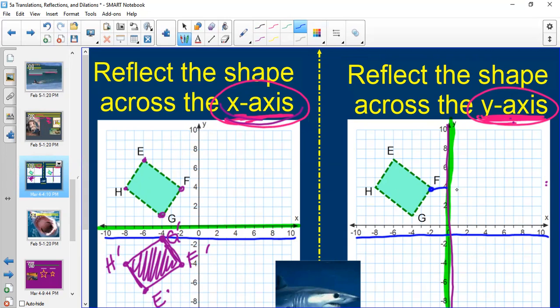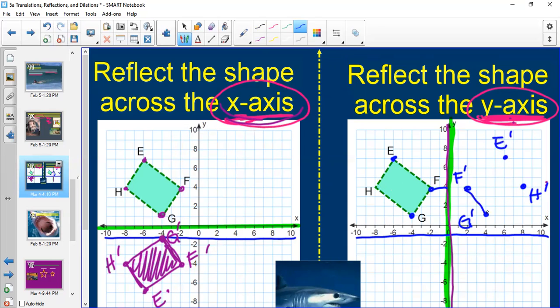So F is 2 left, I need to go 2 right to get F prime. G was 4 left, so I need to go 4 right to get G prime. H was 8 left, so I need to go 8 right. And E was 6 left, so I need to go 6 right.